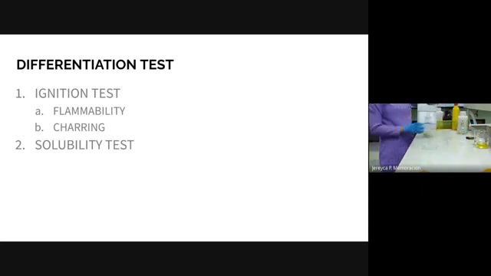So this is our ethyl alcohol. I'm going to use a heater. We will use one for the alcohol.